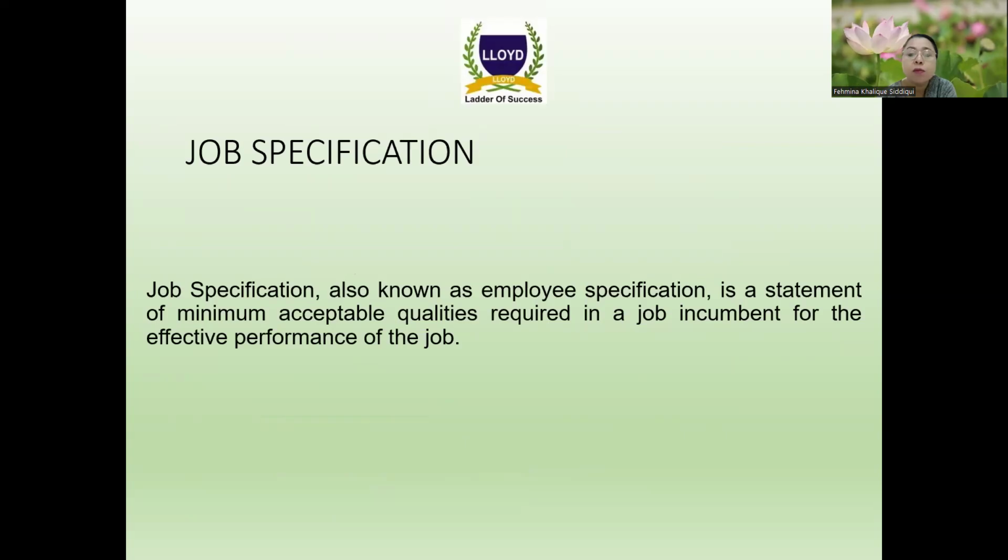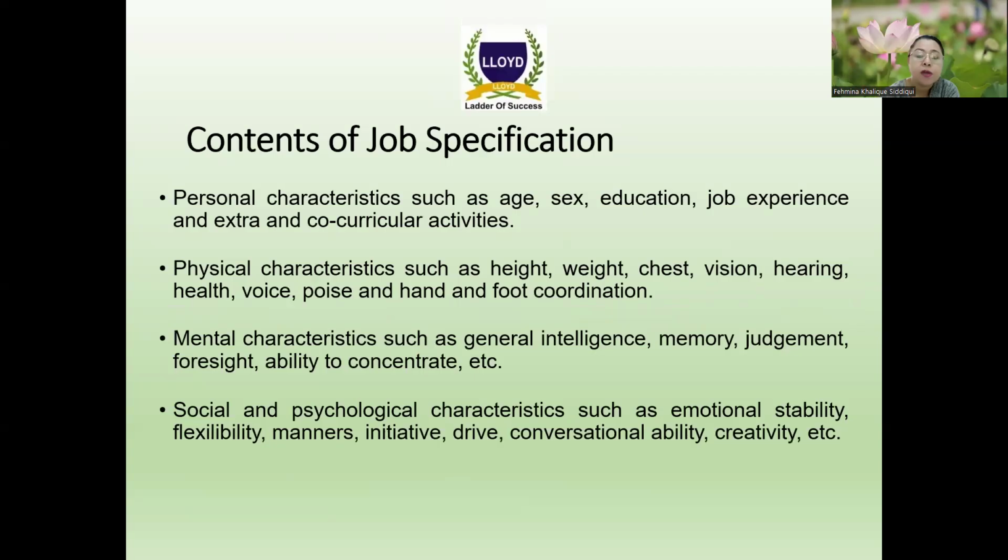Now we come to the next important aspect of job analysis, that is job specification. Job specification, also known as employee specification, is a statement of the minimum acceptable qualities required in a job incumbent to perform the job effectively and efficiently in an organization. So what will be the content of a job specification?